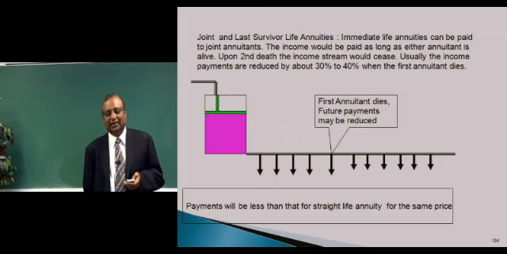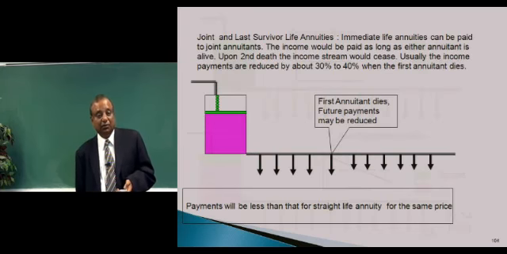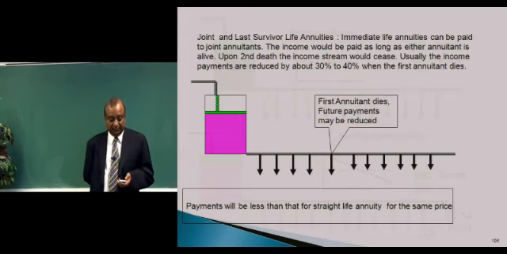It might make sense for her to sign a consent form so that I can convert my annuity to a single annuity and we get more payments as a family, because she is very likely to die before me in any case. That is the only situation in which it makes sense.